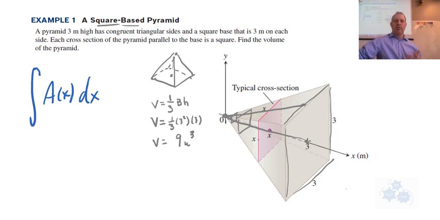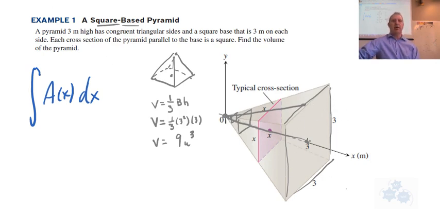So that's how we would find it traditionally, the same thing we've done in previous math classes. Let's think about it now in terms of integrals and calculus. Let's see if we can figure out how to add up an infinite number of squares that would make up this pyramid.